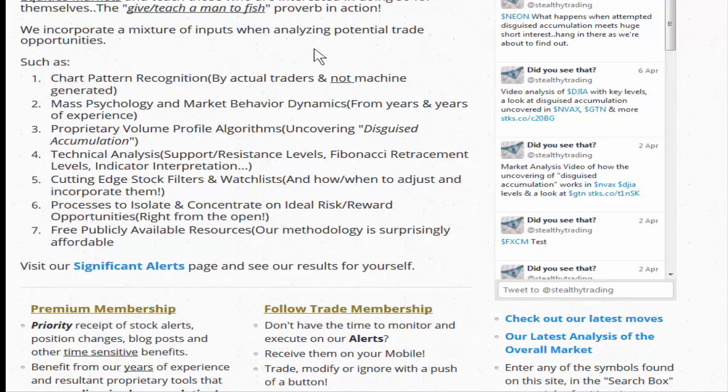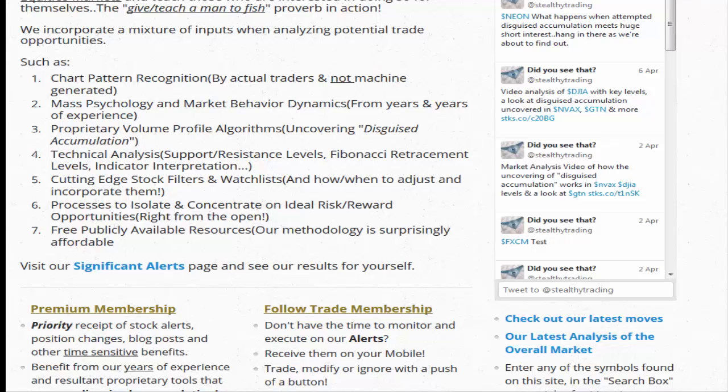So we have our list of stocks that fall into certain categories that we like, and then we correlate that in real time with what the indices are doing. That's number two. We correlate with the indices, the direction of the market, with our scenarios for whether the market's going up or down and what our choices are. That's key. So those are two really big differences in what we do.